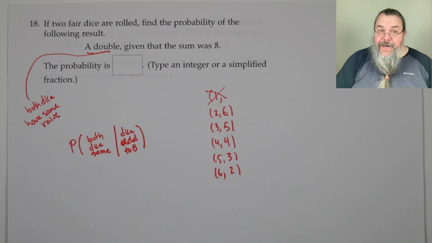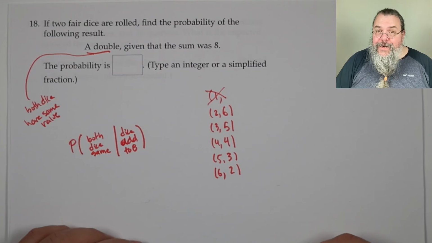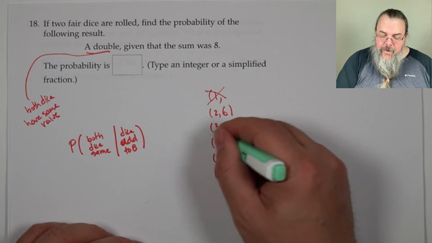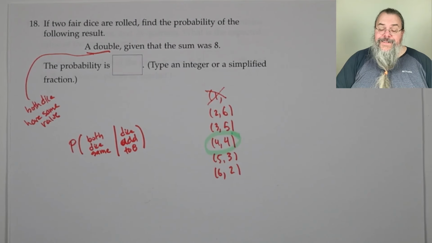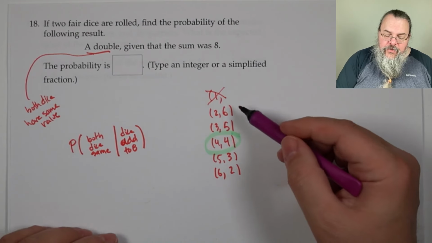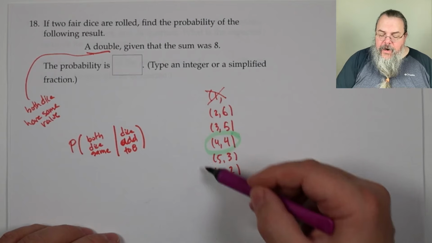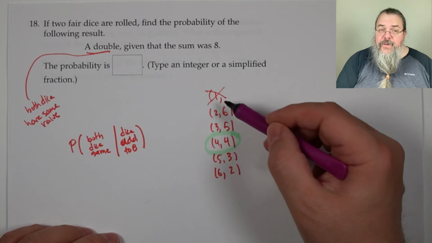And among these 5, how many of these are a double? One of them is a double. So, what's that conditional probability? Well, when we restrict the dice add to 8, our universe shrinks down to 5 possibilities.